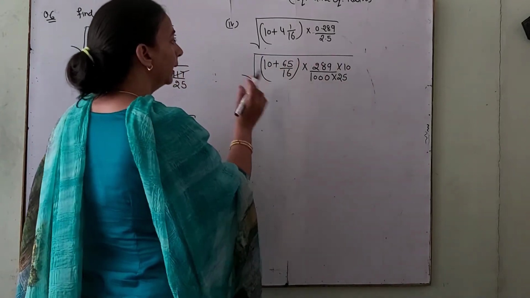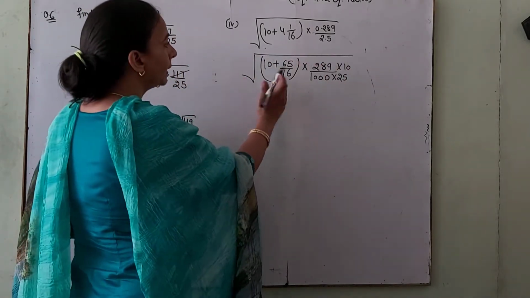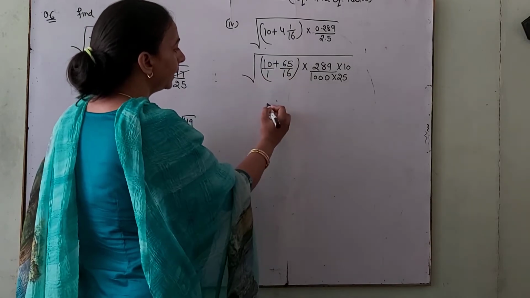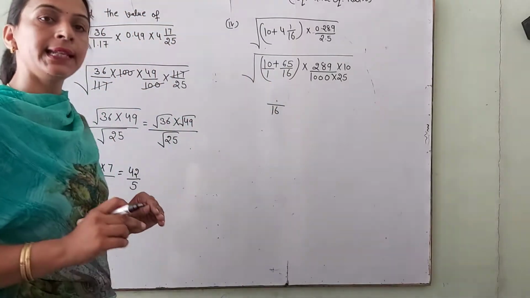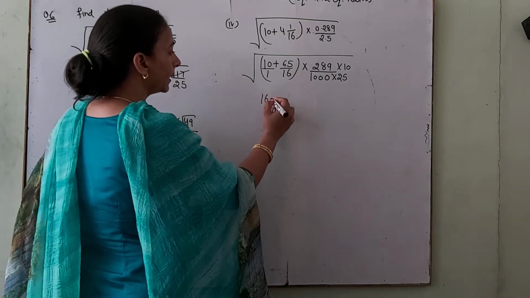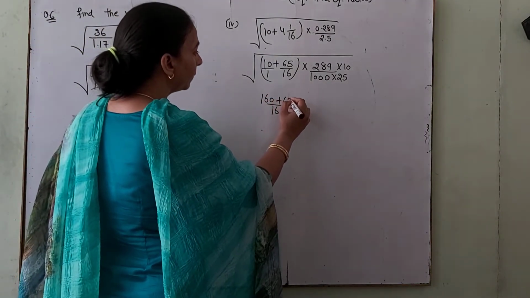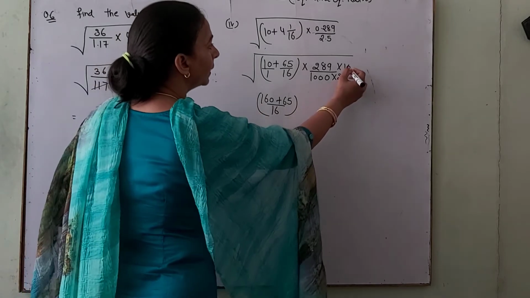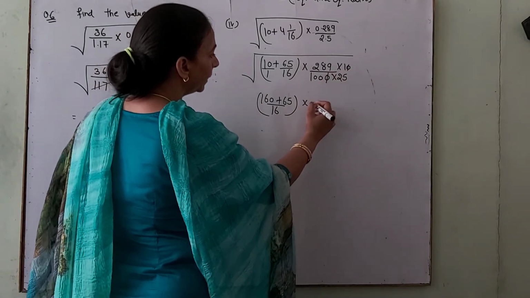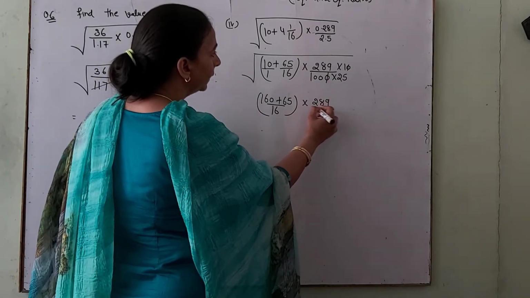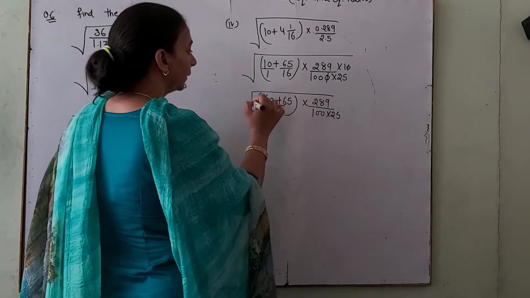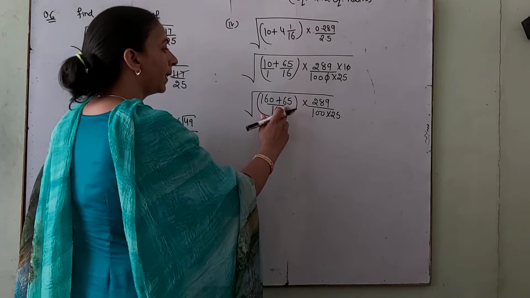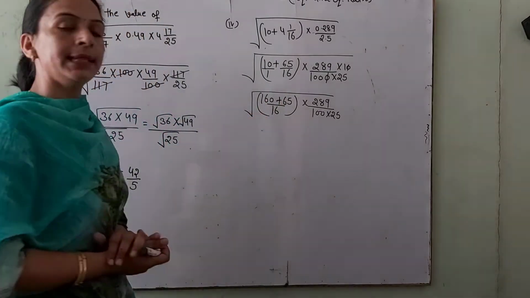Complete and square. We take LCM 16 and 10, that is 16. Then 16 multiply 10, 160. 160 plus 65 and 10 cancel. Then multiply 289, 125. Okay, 165. See 160 and 65.